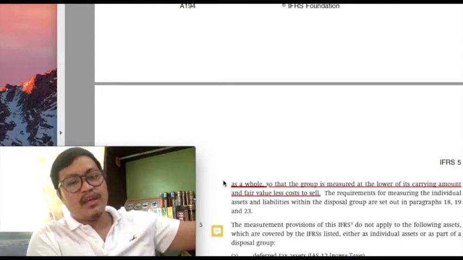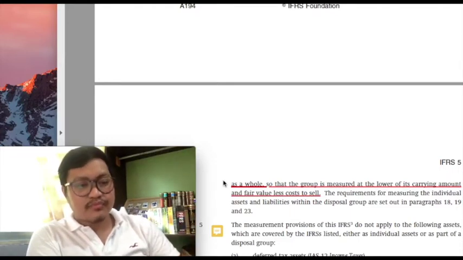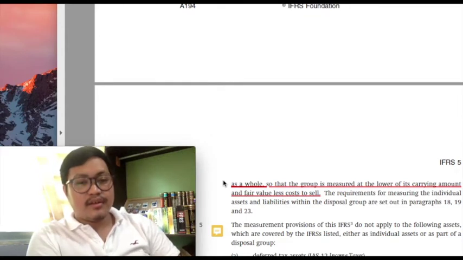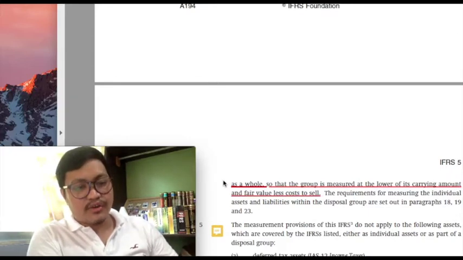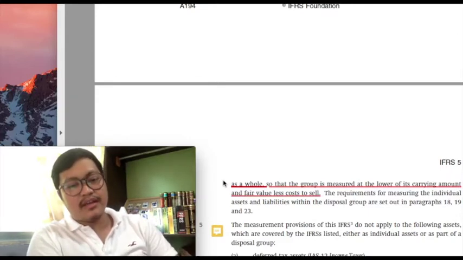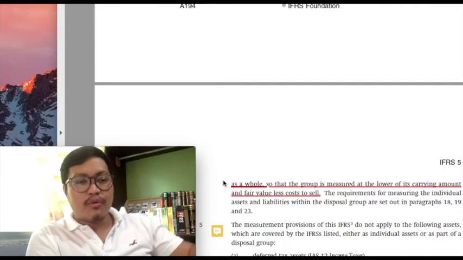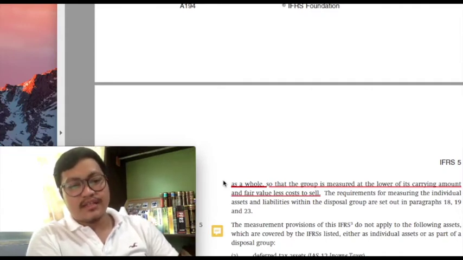So from PPE, it will be classified as held for sale. While it was still an item of PPE, assuming the cost model is used, then its carrying amount is its historical cost less all the accumulated depreciation or impairment. So you compare whatever carrying amount appears for that asset at the date of reclassification, while it was still an item of PPE.